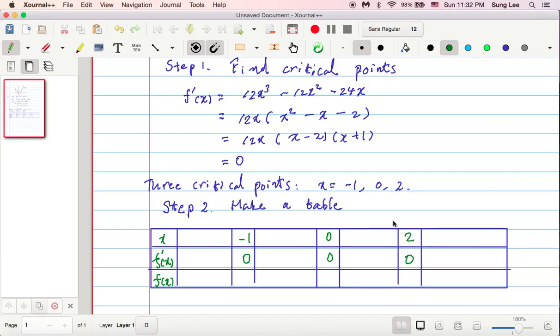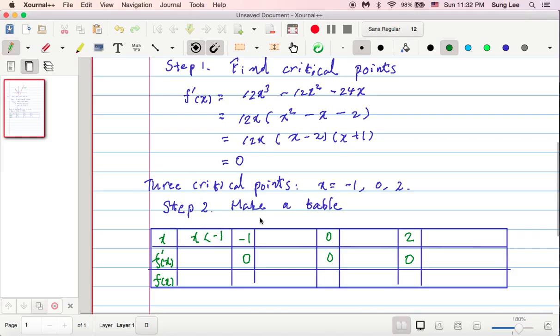First, when x is less than negative 1. In terms of interval, that's the open interval negative infinity to negative 1.